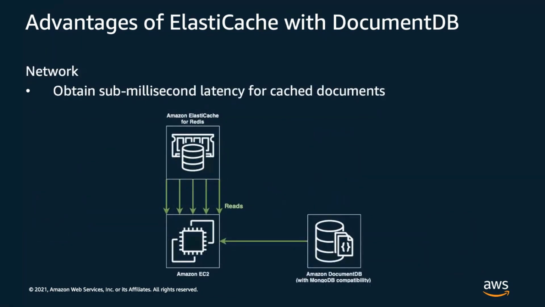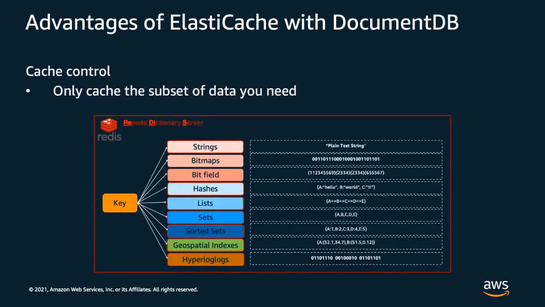When we talk about network, we focus on the time it takes to get our application the document it needs to fulfill the query. By leveraging ElastiCache in front of DocumentDB, you get that sub-millisecond latency. And you also can leverage those Redis clusters with replication to distribute the workload. You're also going to get cache control with ElastiCache.